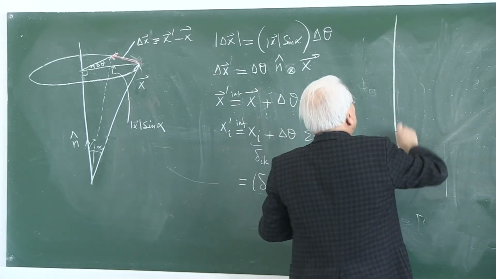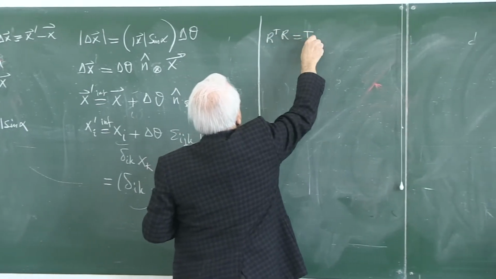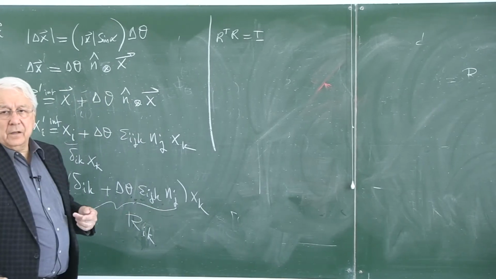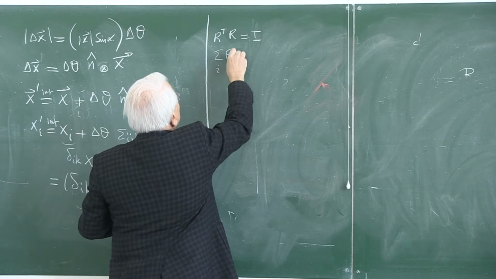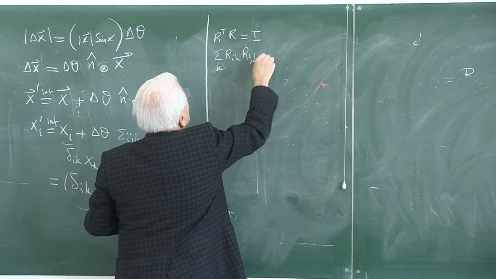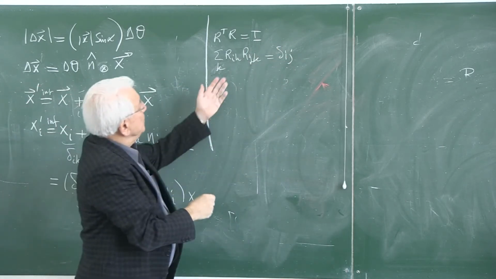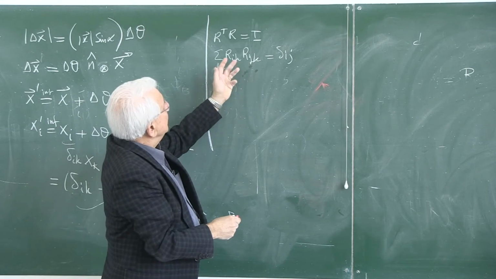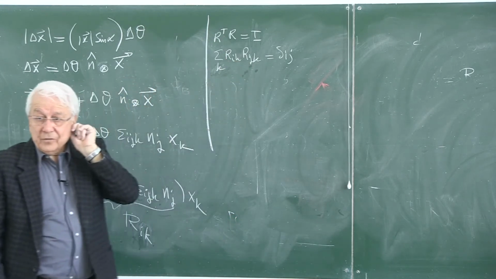We would like to demonstrate that R transpose R is I, or sum over k of R_ik R_jk is delta_ij, putting our dagger if you want, converting it into the index notation.